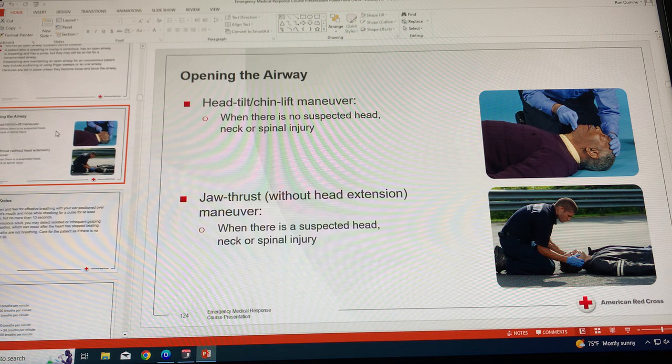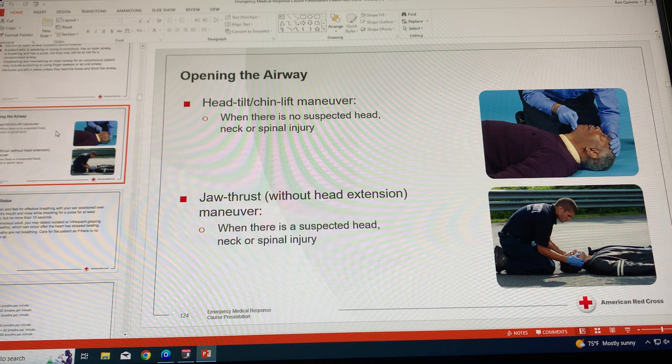Opening the airway. It is more difficult to tell if an unconscious patient has an open airway. To open the airway for a patient who has not suffered any injury to the head, neck, or spine, open and maintain the airway using the head tilt chin lift maneuver.